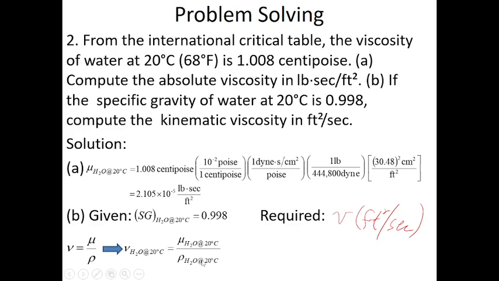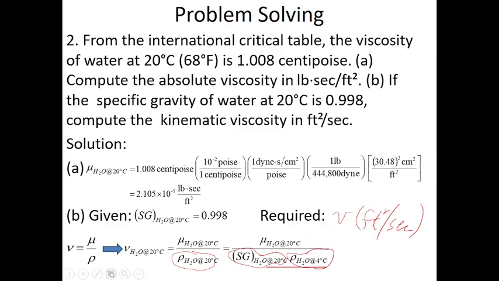This is our reference temperature, and this is the density of water at 20 degrees Celsius. To get that, we multiply the specific gravity of water at 20 degrees Celsius by the standard density, which is at 4 degrees Celsius. So it is always specific gravity times the standard density at a certain temperature.